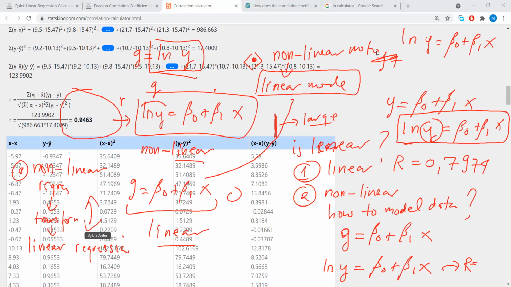We can transform depending on the model so that we can improve the accuracy or improve the correlation, something like this. So maybe some of you are asking what kind of functions we can transform into linear and non-linear.